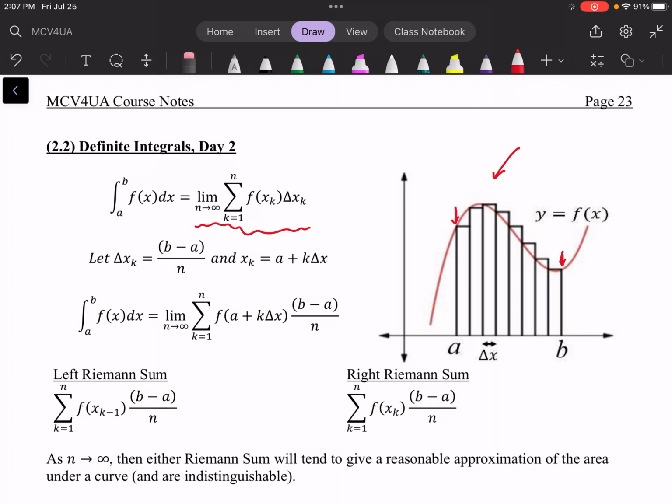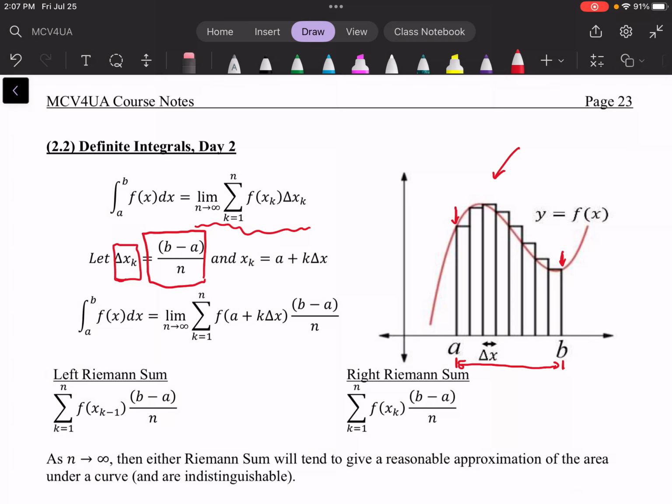And we're going to talk about left Riemann sum and right Riemann sum changes in a moment. But basically, what you're doing is you're going from the values of a to b. You're taking that and splitting it up into n subintervals. So that's what gives you b minus a over n as your change in x values.